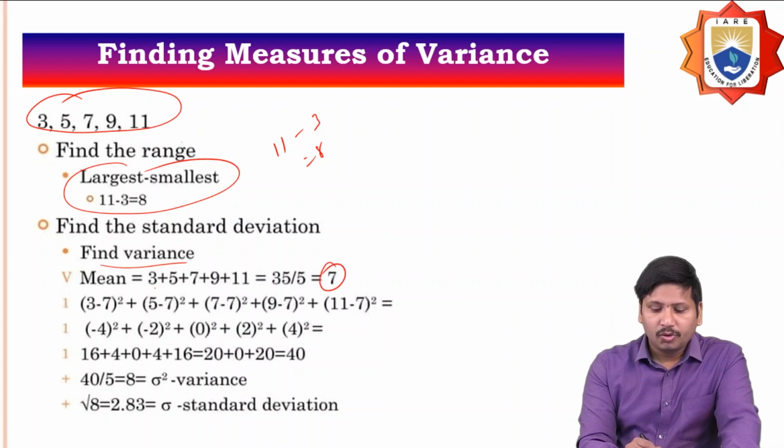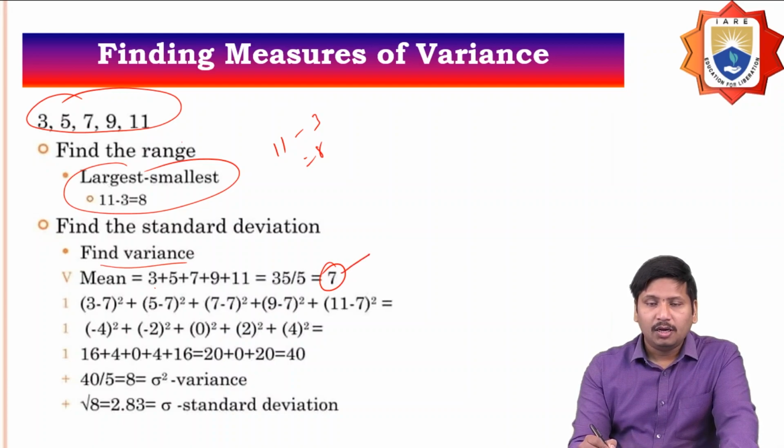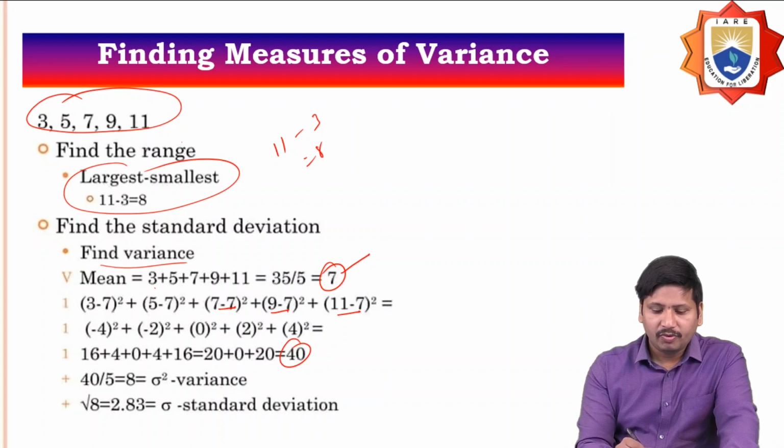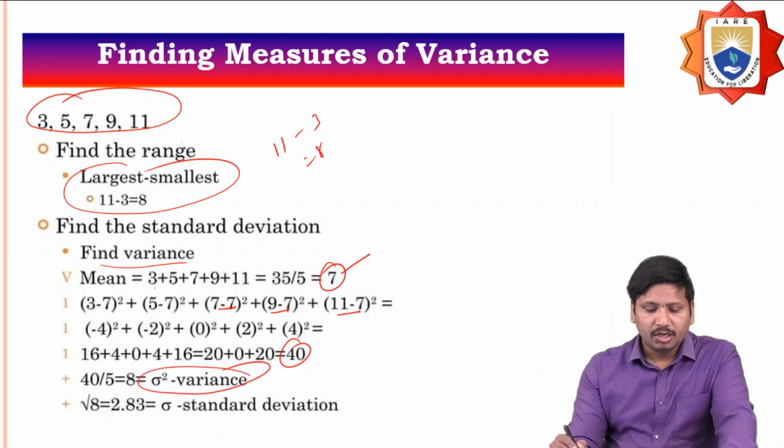Once the mean is calculated, I subtract this mean value from each data value: 3 minus 7 whole square, 5 minus 7 whole square, 7 minus 7, 9 minus 7, and 11 minus 7 whole square. Once this is done, we add them up and divide by n, and that is the variance.